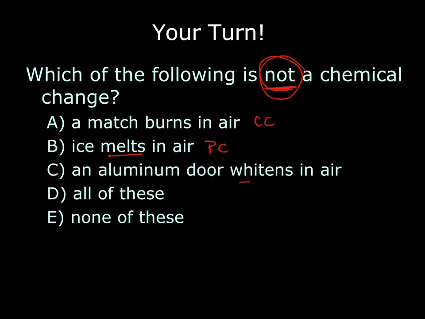So we talked about whitening or color changes as being evidence of a chemical change, and so that would likely be a chemical change. And then all of these, I don't think so, because B was not. So not this one, not this one. And none of these. I think we found the one that it is. So let's cross all those out. And then I think we would say B would be our answer. Okay, I hope you got that one.